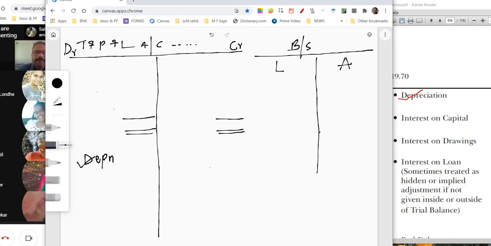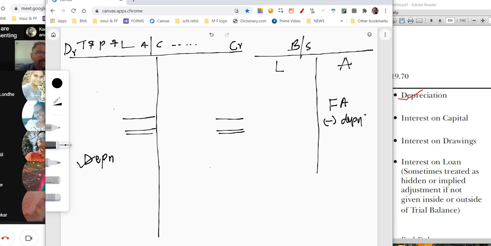In the balance sheet, how is it written? Deducted, yes. Deducted from the asset side, very good. So fixed asset is coming here, and from it we minus. Less depreciation. Whatever fixed asset is there, we show it after minus.